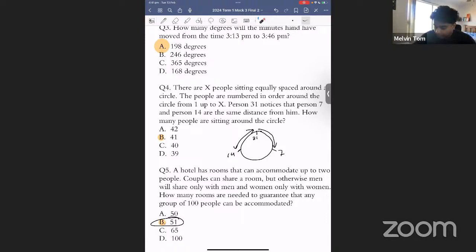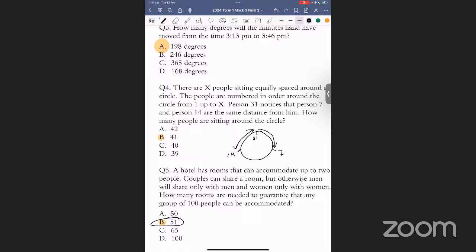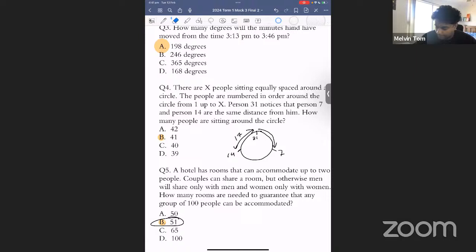From 14 to 31, how many people in between? 17 people, right? So there's 17 people in between 31 and 14. And it should be the exact same between 7 and 31. So let's figure that out.